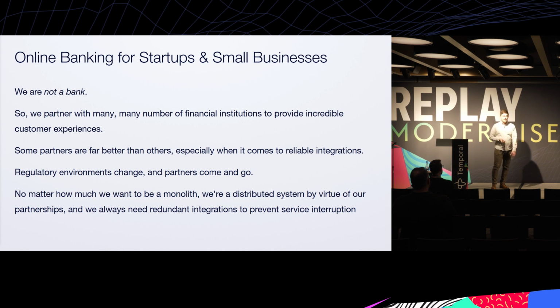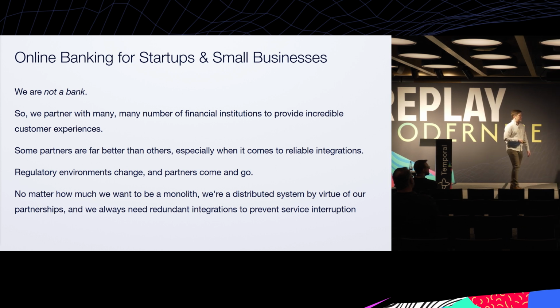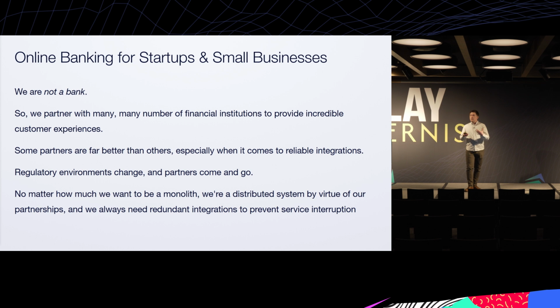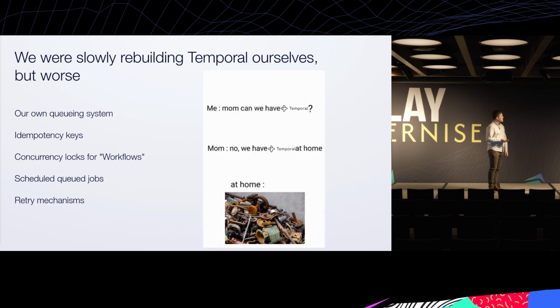We've got partners for all these things. So we've got upwards of 50 partners that we work with. And so despite the fact that we don't really want to be a distributed system, by definition, the way that our business works, we're a component of a distributed system, even though we kind of run our own code as a monolith. So that's kind of where Temporal comes in for us.